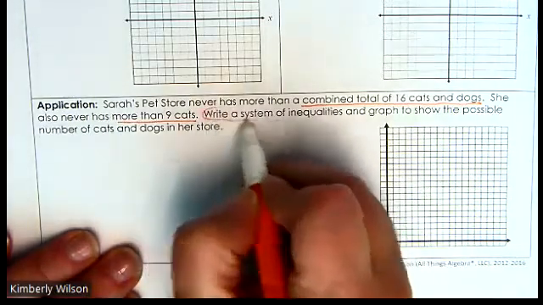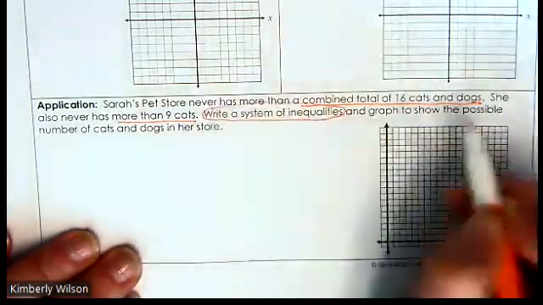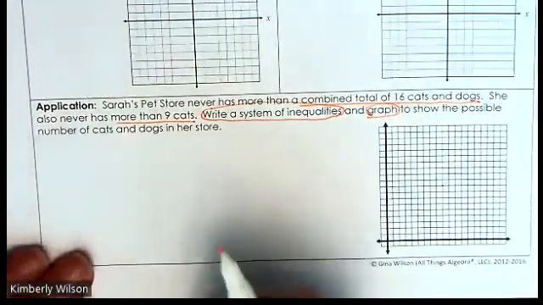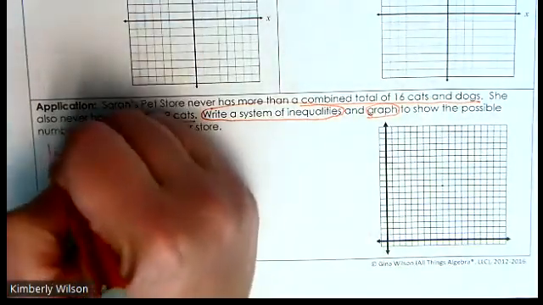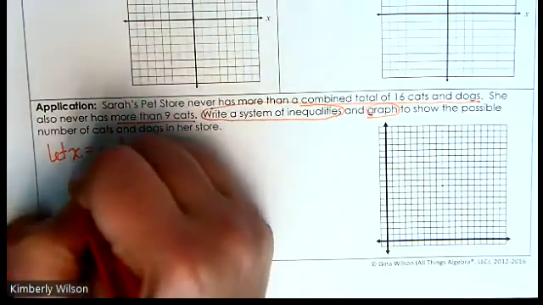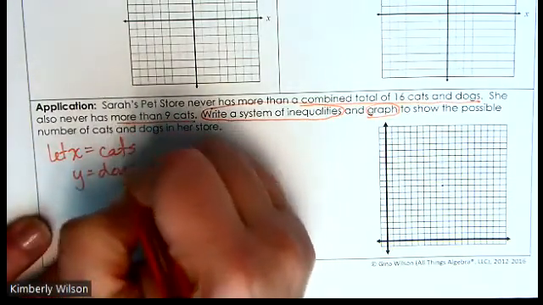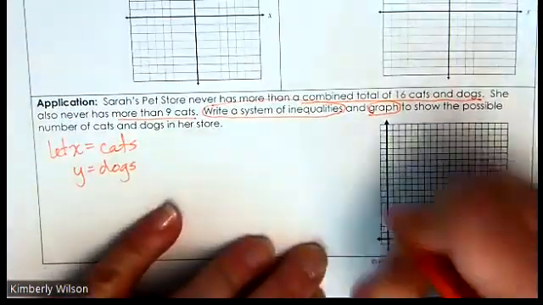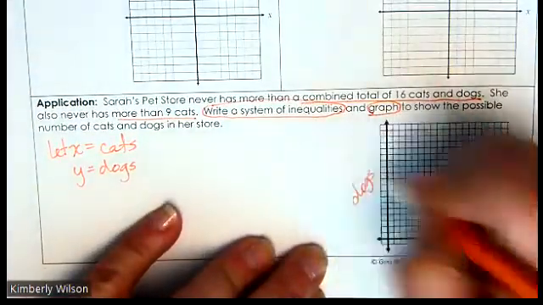So we have to write a system of inequalities and graph to show the possible number of cats and dogs in her store. All right, so first things first, we label the variables. Let x equal the cats, y equal the dogs. Okay, so over here we label. So this is cats and this is dogs.